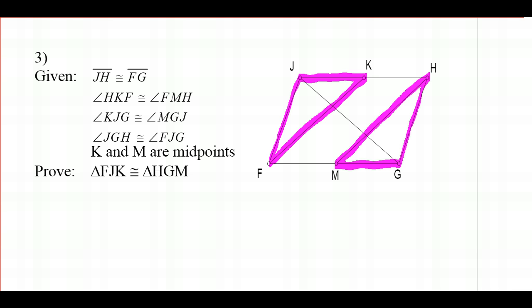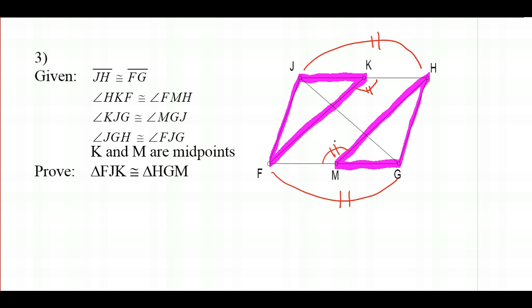And let's take a look and see what I've got congruent so far. I have JH is congruent to FG, and angle HKF, this angle here, is congruent to FMH, this angle here.